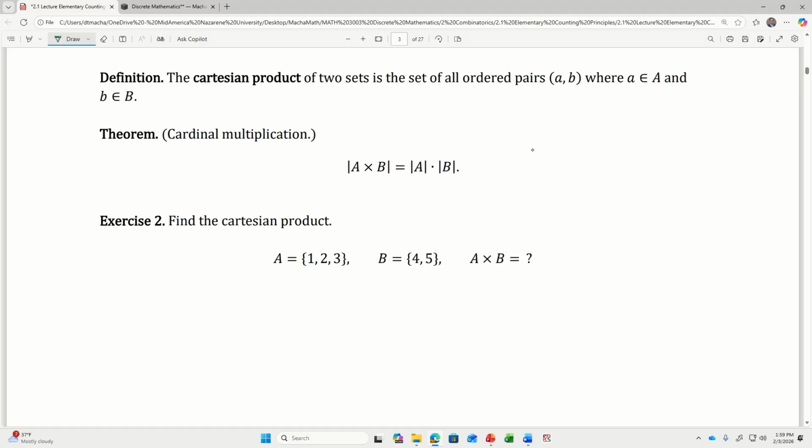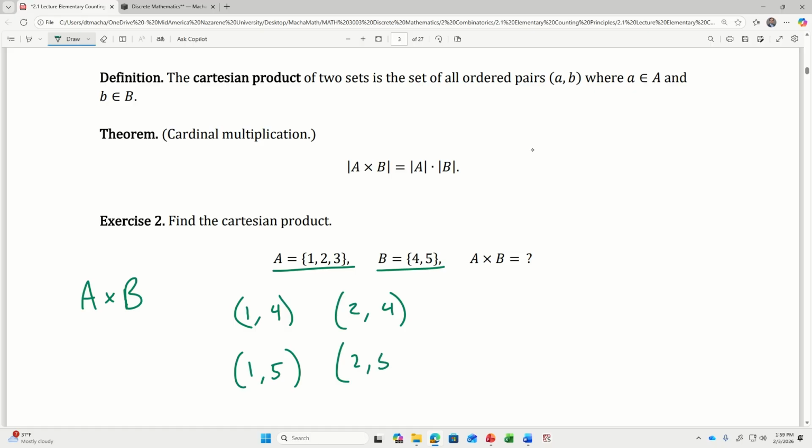And we did an example that was maybe something like this. If I want the Cartesian product of this set A and B, where A is the set 1, 2, 3, and B is the set 4, 5, we are talking about 1, 4, 1, 5, 2, 4, 2, 5, and 3, 4, 3, 5.